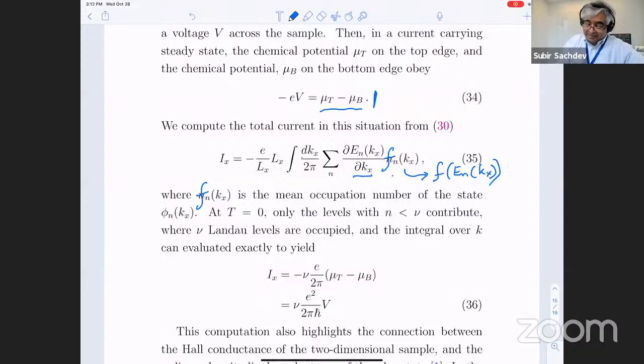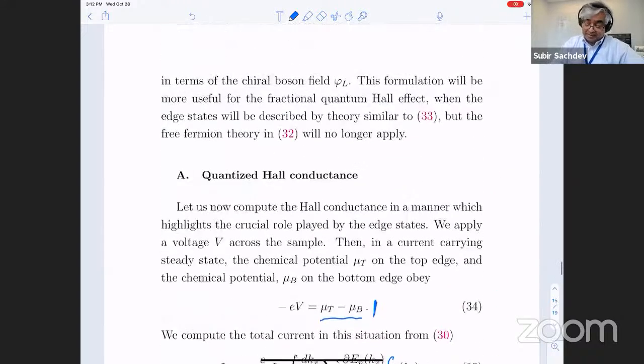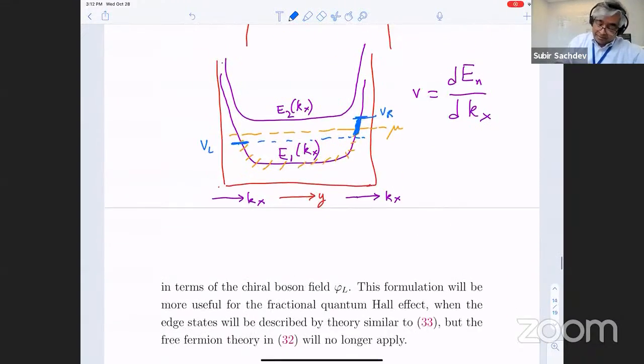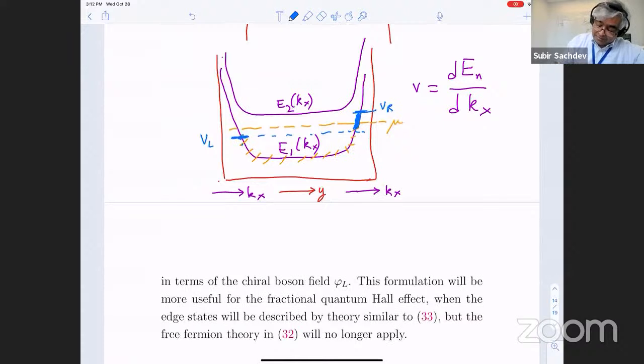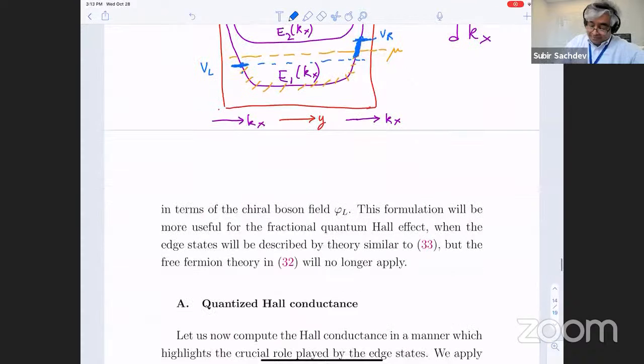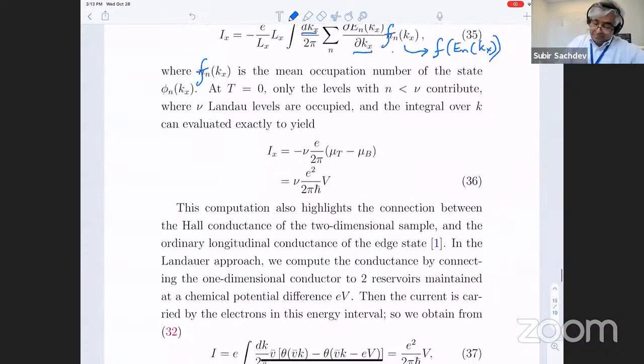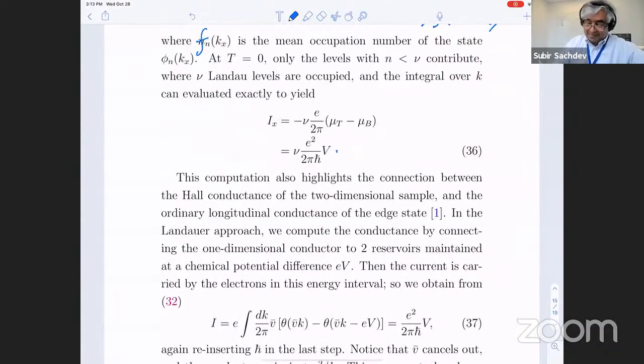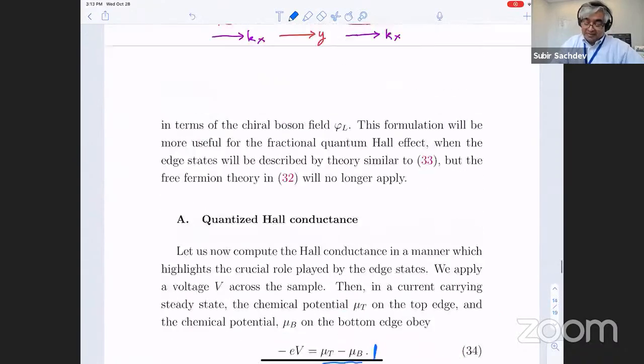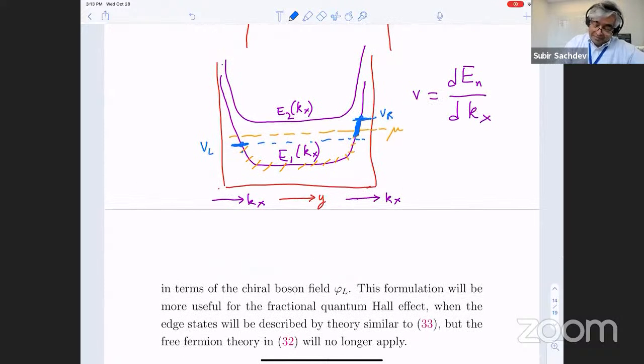Well, that's the world's easiest integral, and it simply gives me the difference in energies between the two ends. I'm doing the integral from here to there, and I basically get the difference in energy between that point and that point, which is nothing but the voltage. So there's the answer. You don't even need to know the dispersion. The dispersion could be anything in between. There could be impurities lying around here, and the actual dispersion could maybe be looking like that.